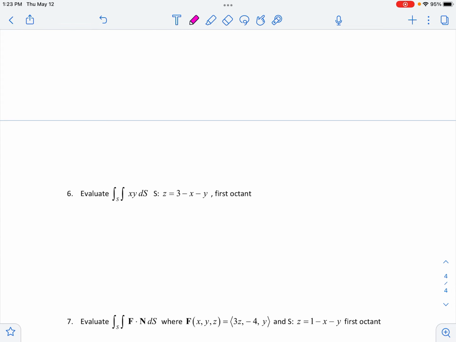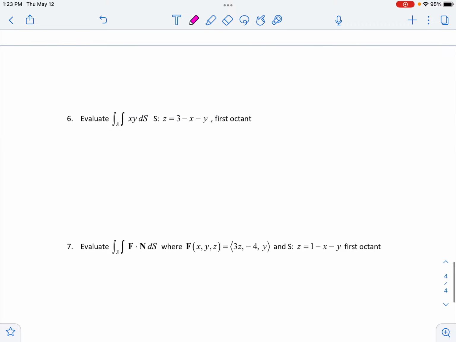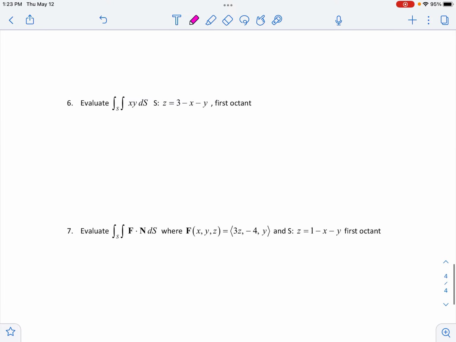Okay, now let's go down to another surface integral. We've got a surface integral here where we're going to evaluate a surface integral involving a scalar function.